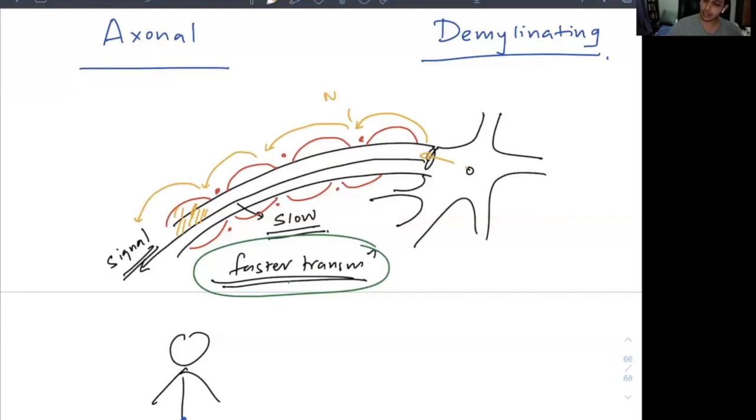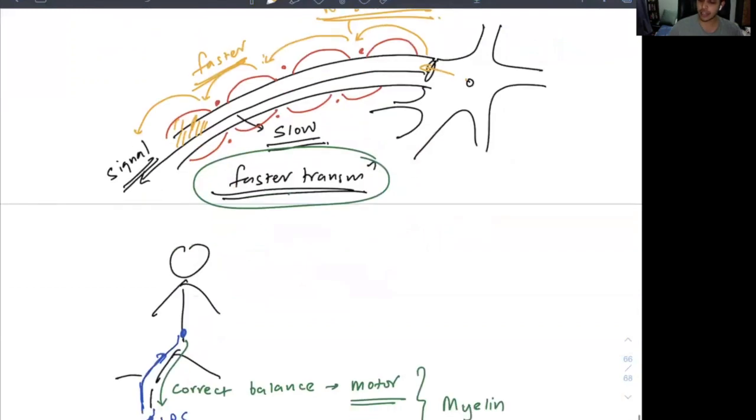This gap is called the node of Ranvier, and because it jumps from gap to gap, the transmission is much faster. Because of this faster transmission, we are able to both receive information and send back information much faster.